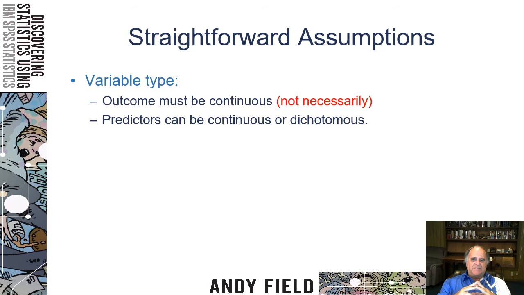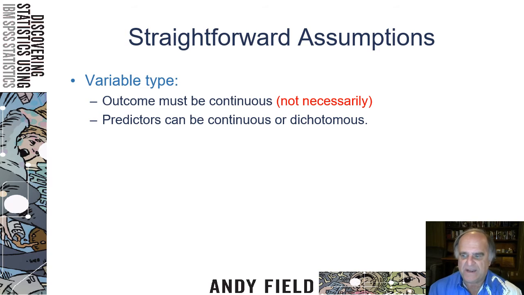But he says it should be continuous. I mean, that's probably good advice. If it's dichotomous, you should probably be running logistic regression. Your predictors have to be either continuous or dichotomous, doesn't matter which. As a matter of fact, I shouldn't say dichotomous. I think he says that, or maybe I added that. They don't have to be dichotomous. They can certainly be some type of other ordinal data or multi-category, categorical.